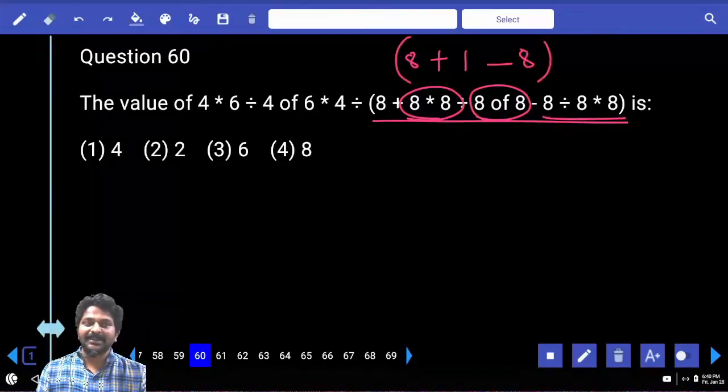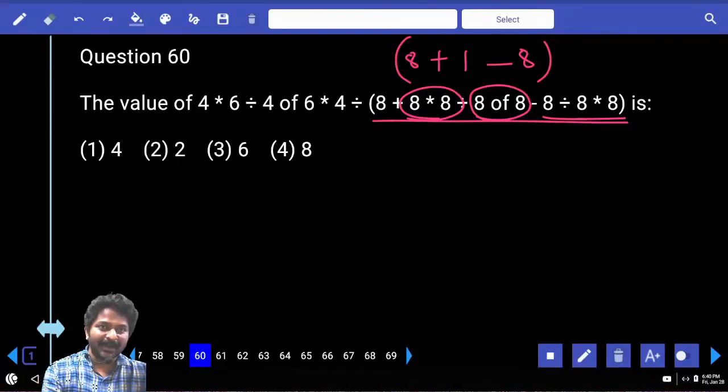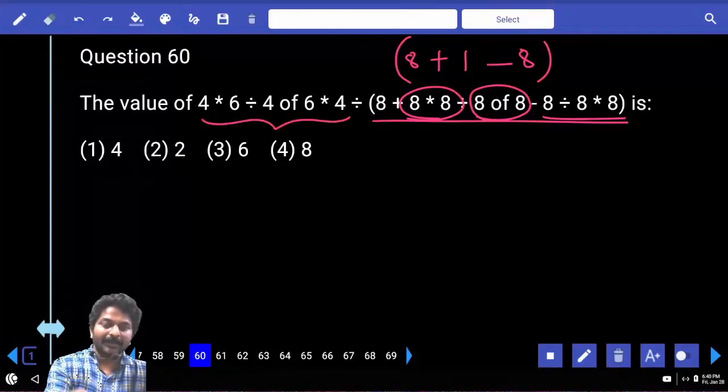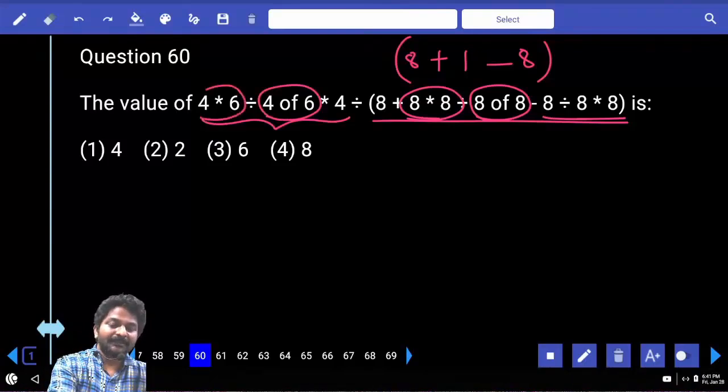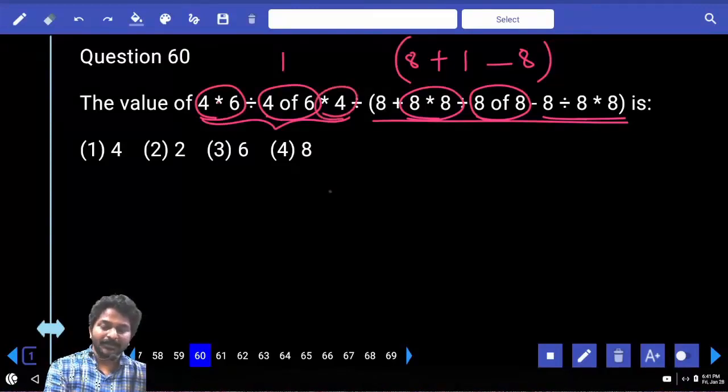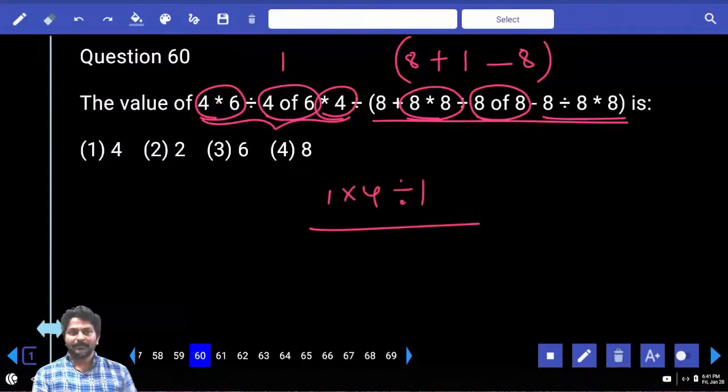Now tell me what is number inside bracket? Divided by 1. You don't have to write it, right? So now let's concentrate on this fellow. Okay na? Off. 6 into 4. 4 into 6. 24 divided by 24. 1 into 4. So 1 into 4 divided by 1. Answer 4. First option.